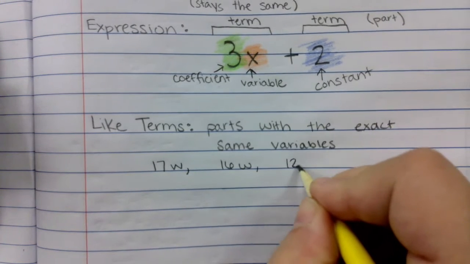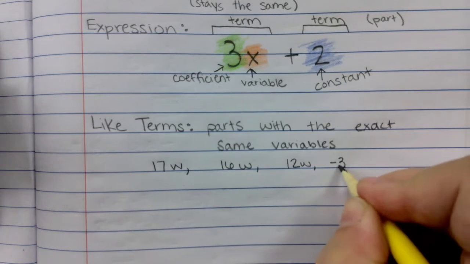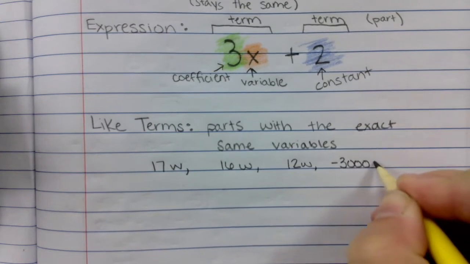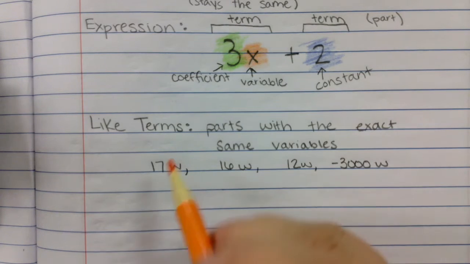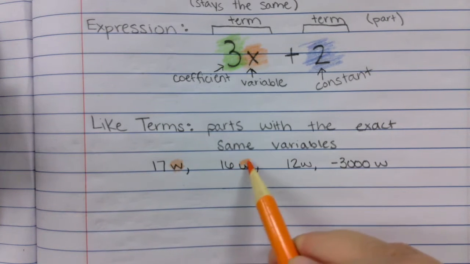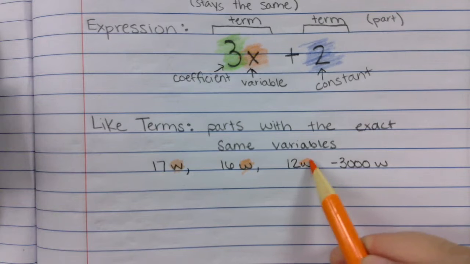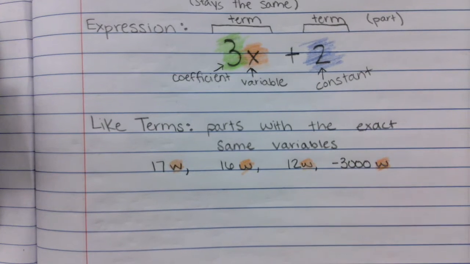Negative 3,000W. What makes those all like terms? That W, that variable. So you have that W, W, W, W. Does it have anything to do with that coefficient, that number in front? Nope. All that matters is that we have all of those W's.